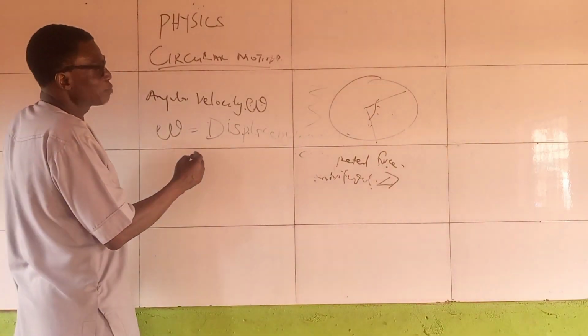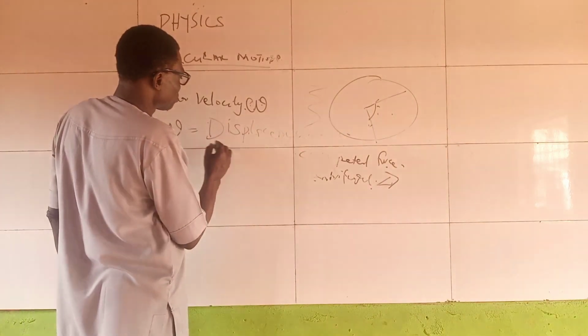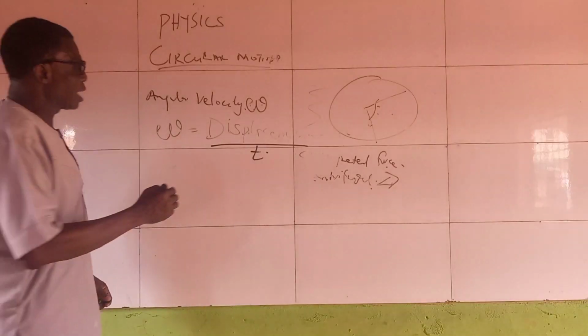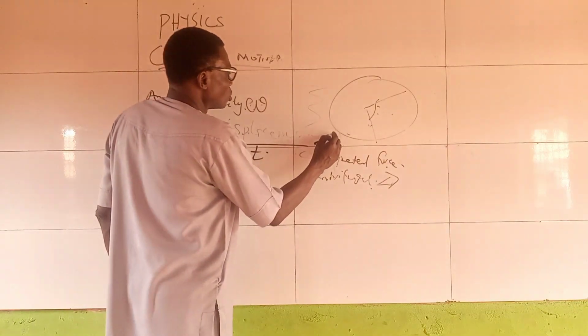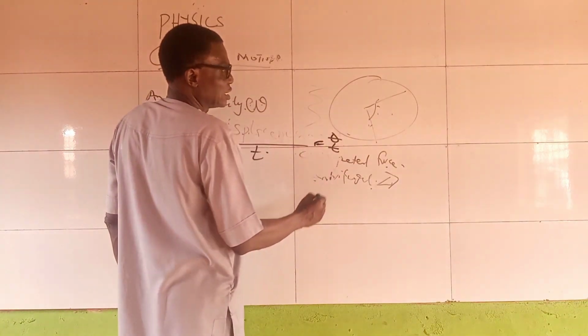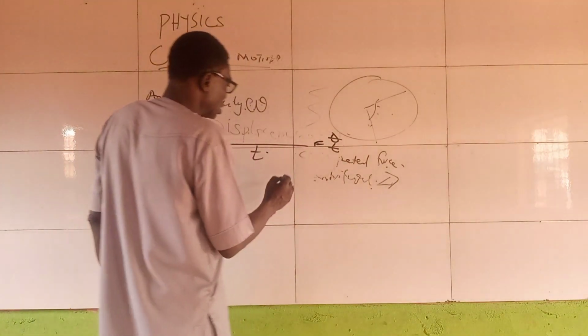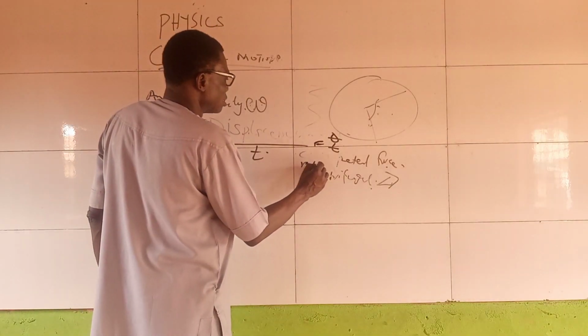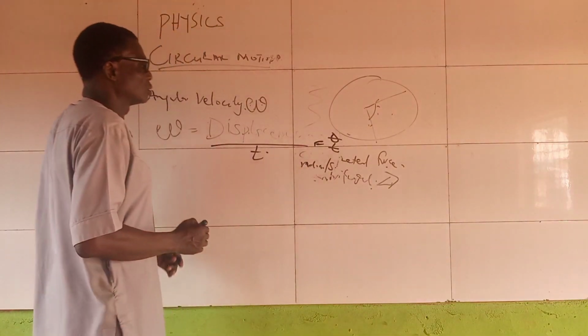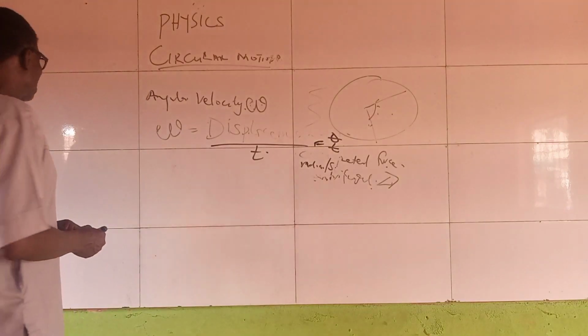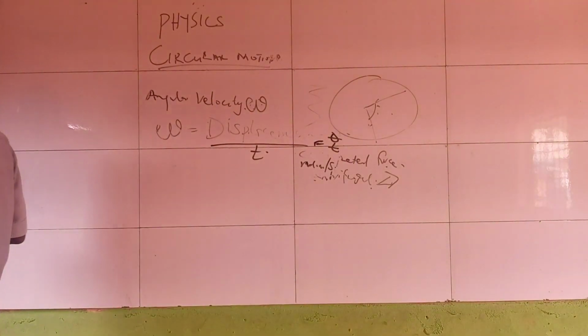The angular velocity is theta over t, and the SI unit is radian per second.